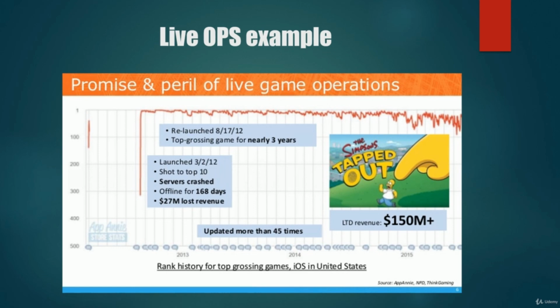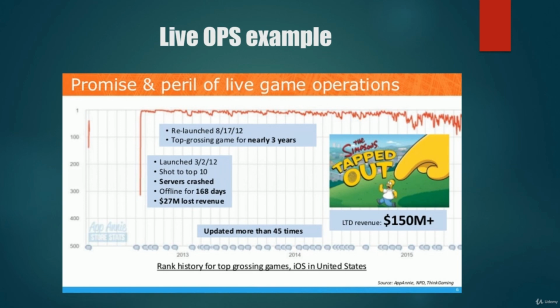But after it was relaunched, it was the top grossing game for nearly 3 years. And during its lifetime, it was updated more than 45 times. And that's not even that much. It can be way more than that because in more recent years, in the last let's say 5 years, the updates are way more frequent.